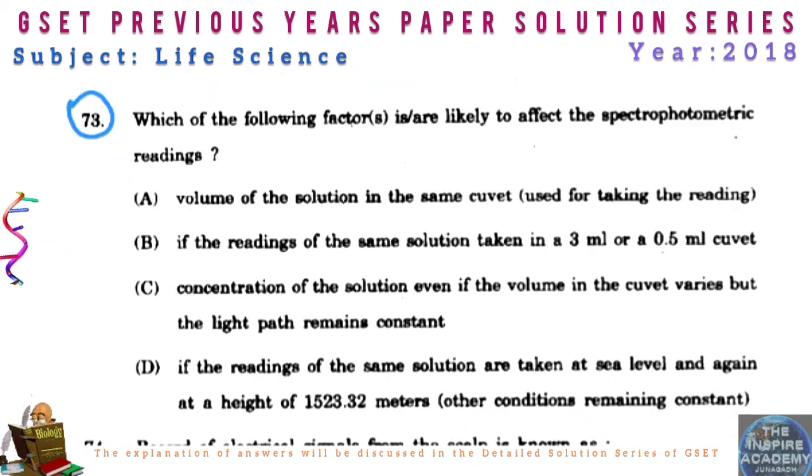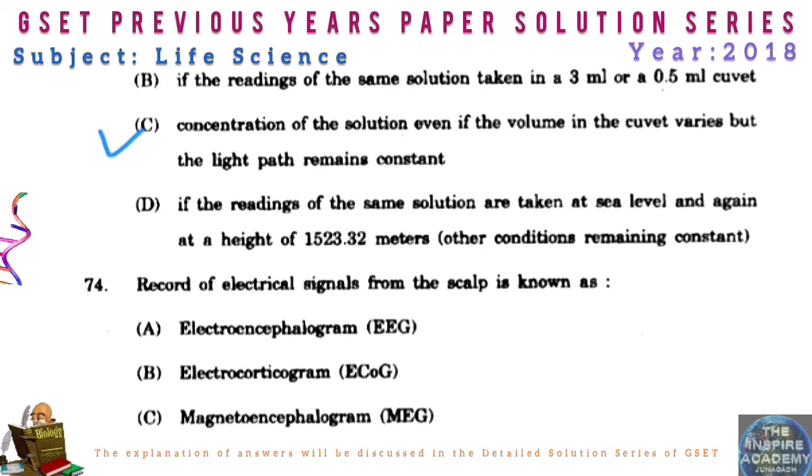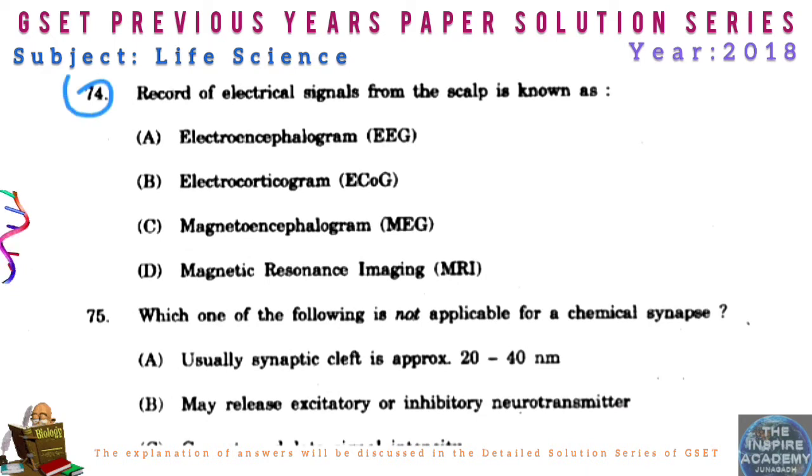Question number 73. Which of the following factors are likely to affect the spectrophotometric readings? Concentration of the solution, even if the volume in the cuvette varies but the light path remains constant. Question number 74.